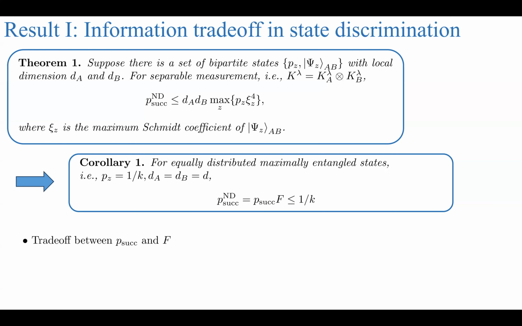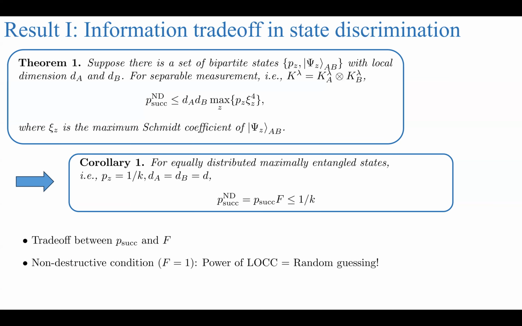So this has several physical meanings. It indicates the trade-off between the success probability, in other words, local distinguishability, and fidelity.